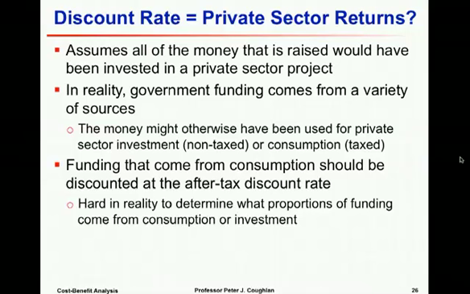When balancing government discount rates to private sector discount rates, the problem becomes understanding that the tax implications are different, and you almost would have to figure out where the money is coming from, in terms of tax revenue that is ultimately used for funding federal government projects.